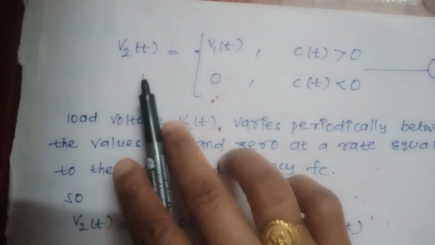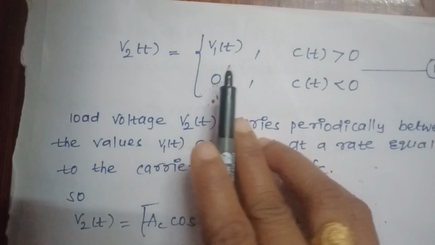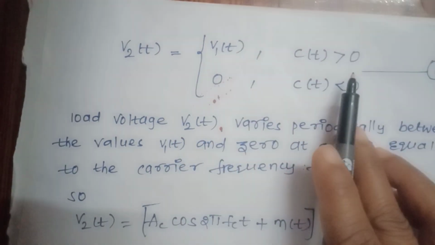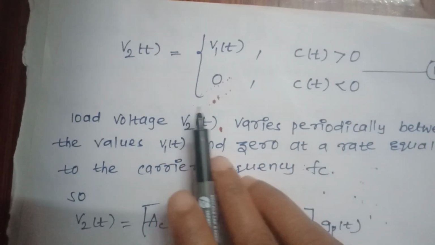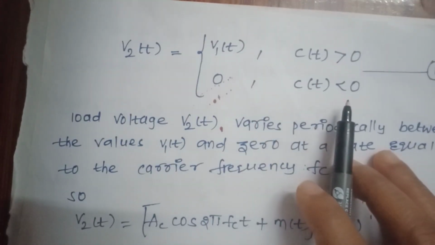Now the mathematical equation: v2(t) equals v1(t) where the condition is c(t) greater than 0, and v2(t) equals 0 where the condition is c(t) less than 0.